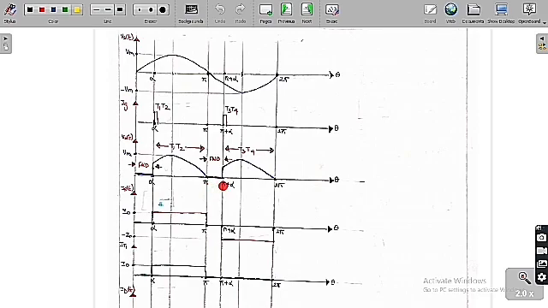Whereas from pi to pi plus alpha, the voltage wants to try to become negative in the full wave bridge rectifier, but there is a freewheeling diode. So because of the negative voltage, this freewheeling diode is going to conduct by default. So now as the freewheeling diode conducts, the output voltage is equal to 0.